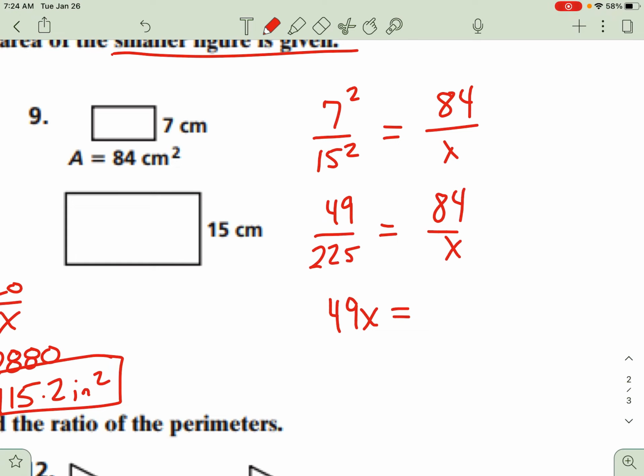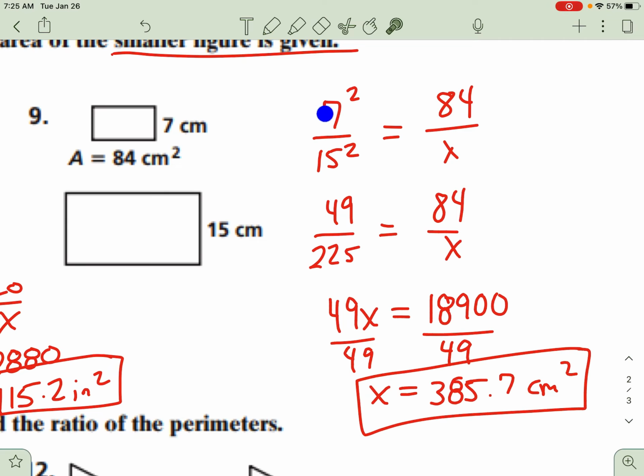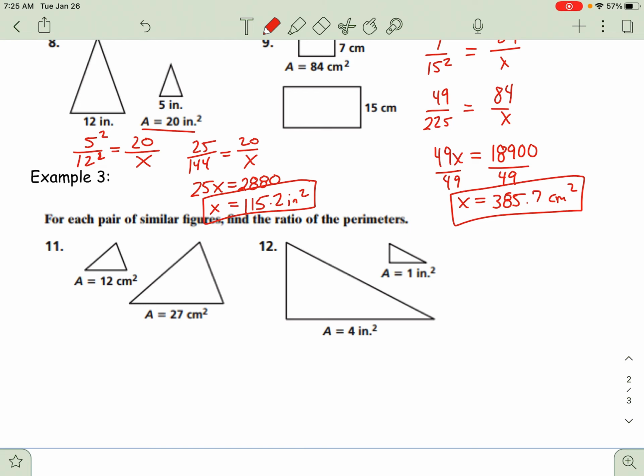Okay, cross multiply, 49x equals, use your calculator here, 18,900. Then divide by 49. And x is 385.7 centimeters squared. So there's your area of the big one. So again, ratio of the sides, it's area, so we square it. If it were perimeter, we would not have those. Area of the small, area of the big.